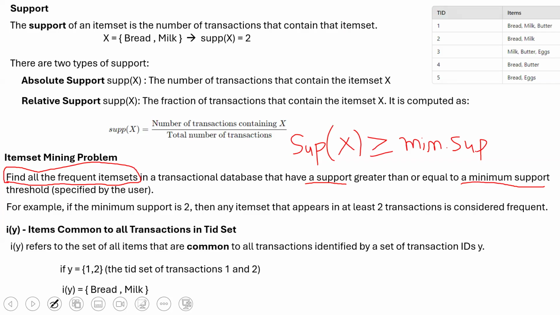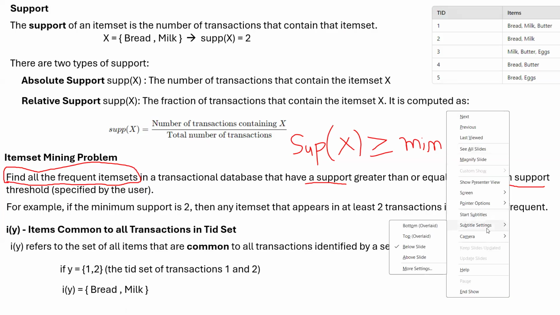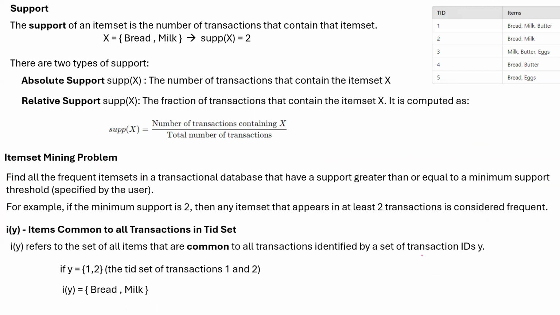To solve this problem, the basic solution is to find all the combinations of these items and then calculate the support of those. If the support of them is greater than a particular value, you will recommend those products.